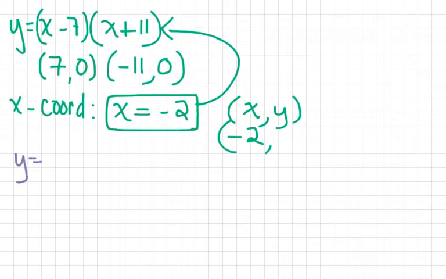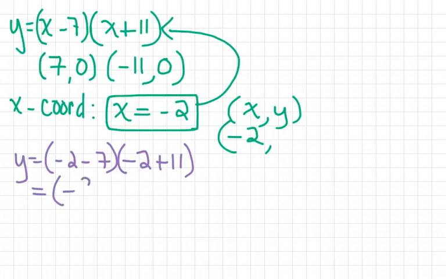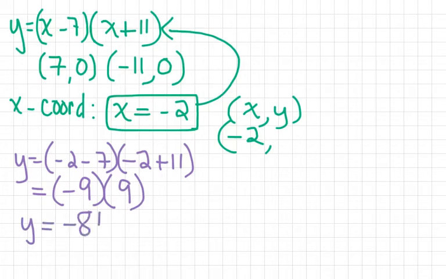Y is equal to -2 minus 7 times -2 plus 11, which is equal to -9 times 9. Therefore, y is equal to negative 81. I now have my ordered pair of my vertex of (-2, -81).